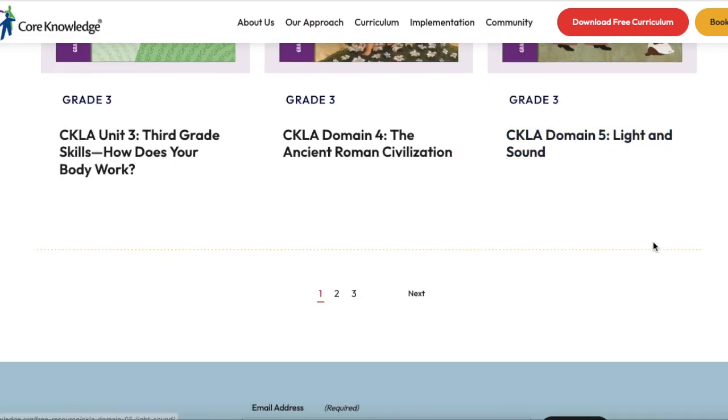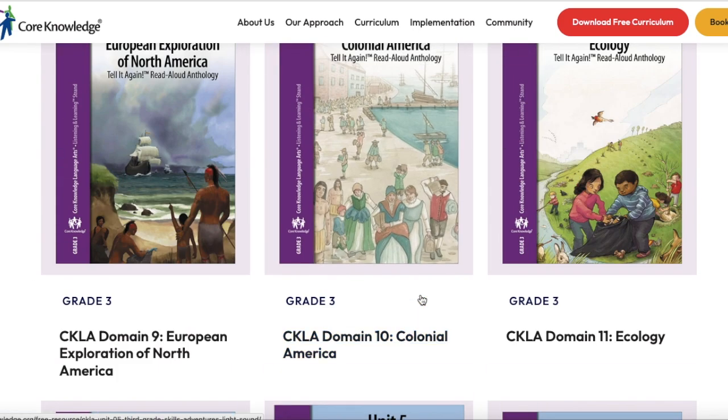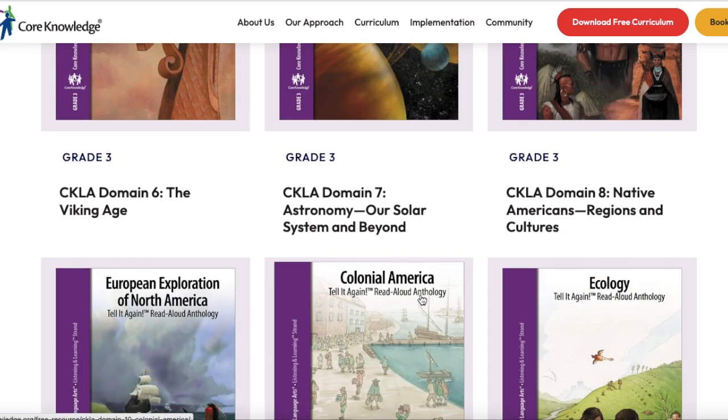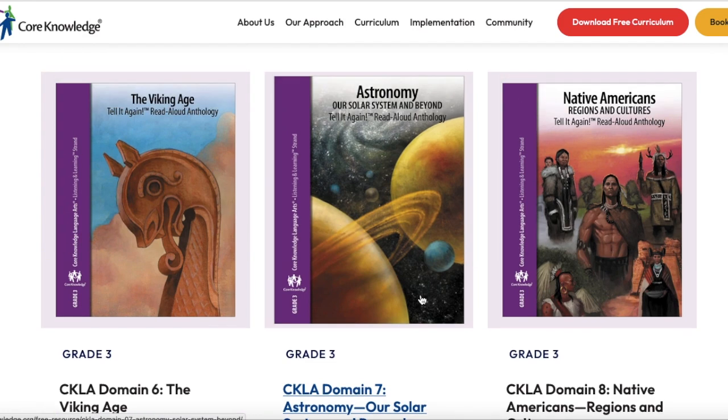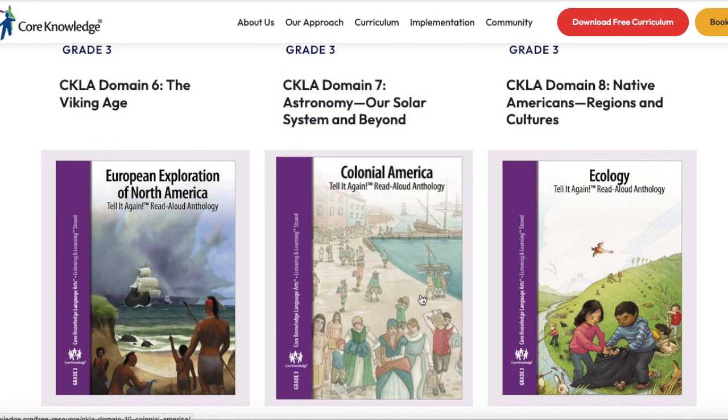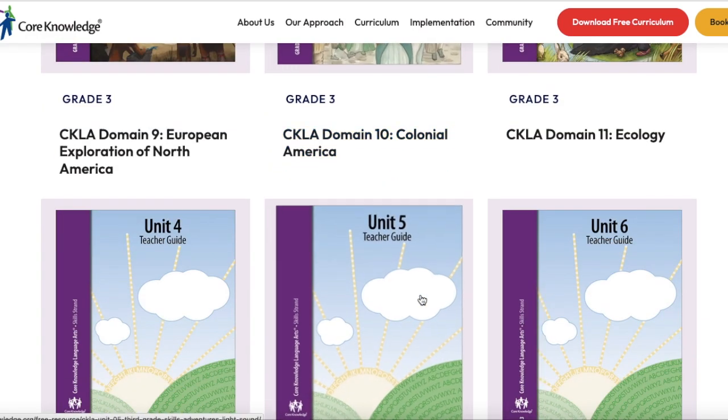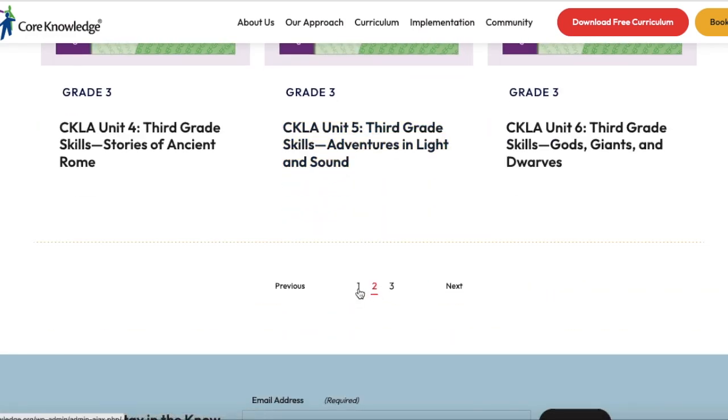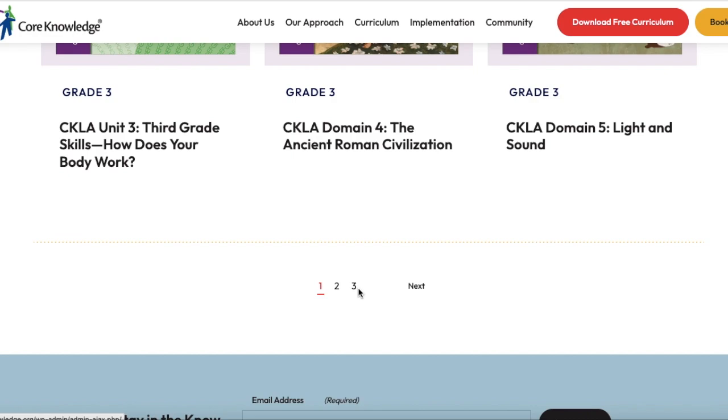So you can see that although my 7-year-old does join us for group subjects, history and science, which, spoiler, is Core Knowledge as well, she's getting her own individualized science and history through her language arts at an appropriate grade level, which is really helpful. I have found it especially helpful when we're doing Core Knowledge United States history, which is a 7th grade level.